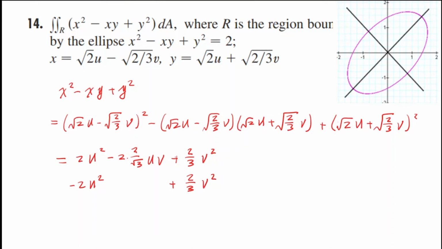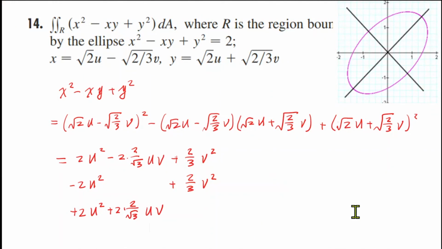Say yes. Okay, now we're going to multiply that out. So we have 2u squared, and then 2 times this times that, so we have plus 2 times 2/3 times uv, which is going to cancel that term up here. Oh my God, hallelujah, this is so good.